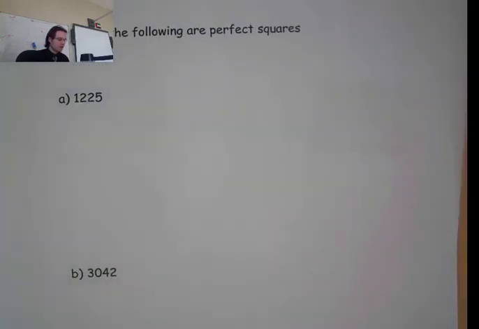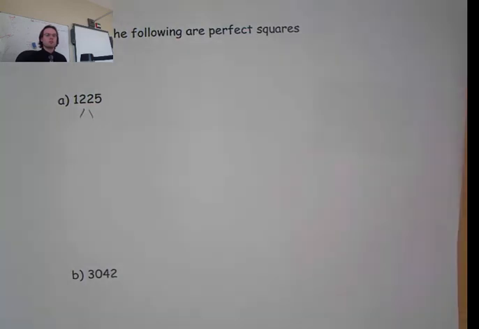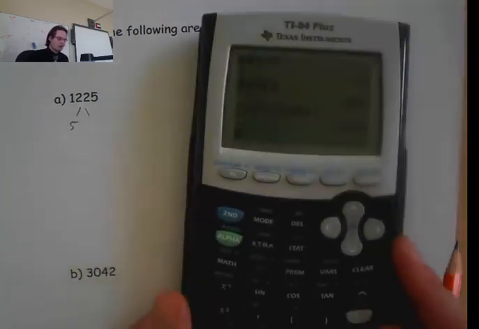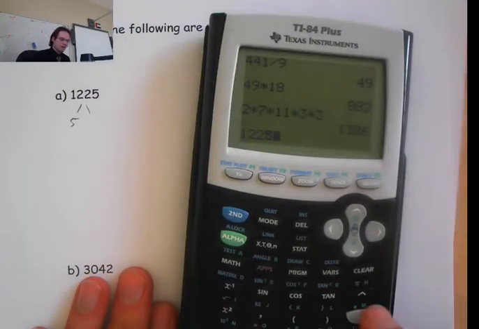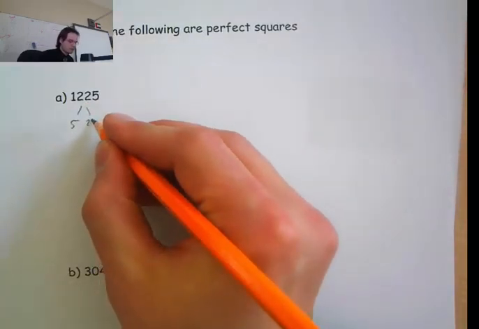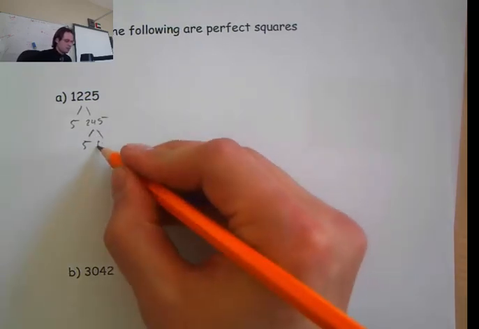So let's take a look at this here. If I look at this number, I'm going to see if it's a perfect square. First thing I'm going to do is figure out what its prime factors are. So I know it can be divided by 5. So if I go 1, 2, 2, 5, and I divide that by 5, I'm going to end up getting 245. Now I know this could be divided by 5. That's going to give me 49.